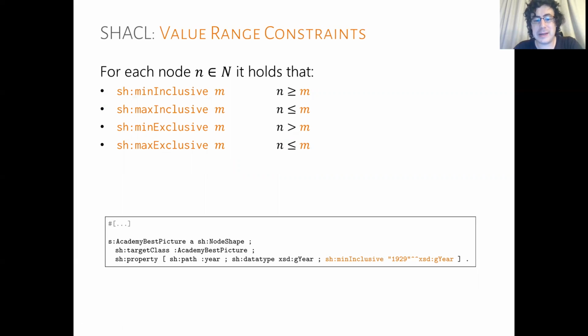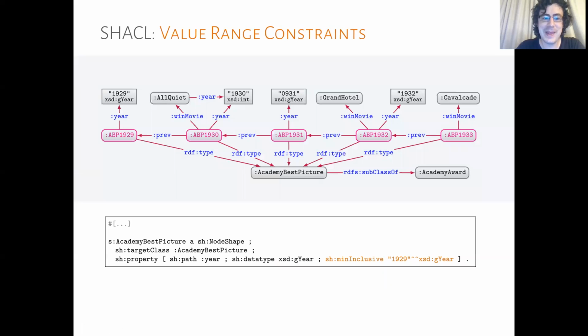So it might be clearer with an example. What we're going to say is that the Academy Best Picture shape targets the class of the same name, and it has a property shape where we're going to say that essentially the year must be 1929 or later. So it can be 1929, but it can be 1930, 1931. It can't be 1915, for example. So this was the first year of the award. I think it was actually 1927 or 28, but okay.